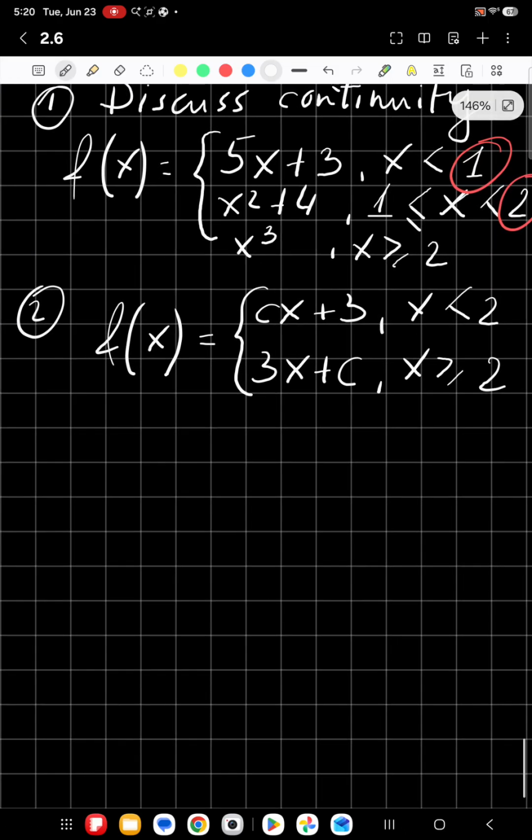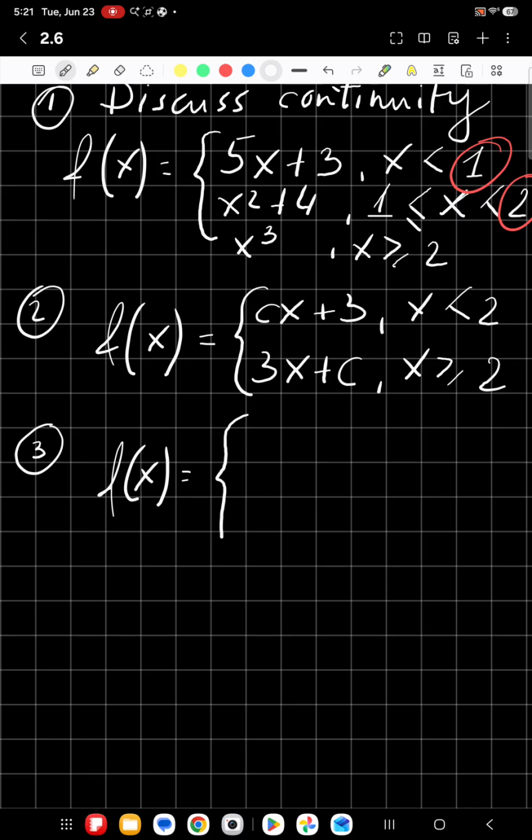And the last one, let me write the last one. Problem number 3. Again, you need to find the coefficients. The function looks like this: f of x, we have ax plus 5 for x less than 1.